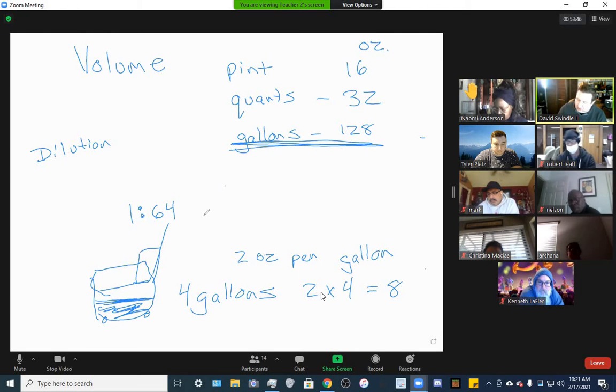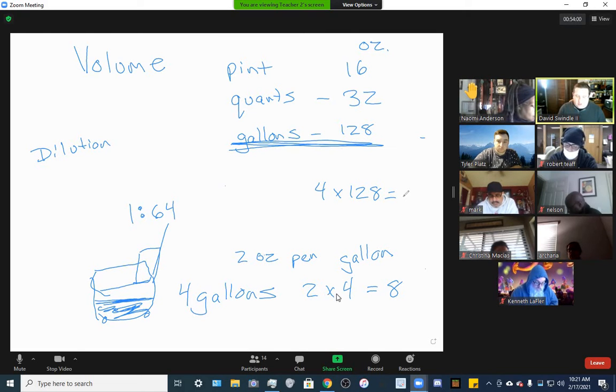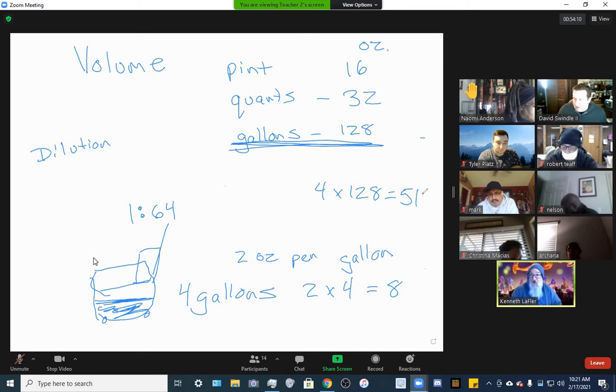is, first of all, we have 4 gallons, right? They are 128 ounces. And I know this is complicated, and this is why I said this math gets a little tricky. So 128 times 4 is what? You guys can use your phones for calculators if you want. 512. 512, exactly.